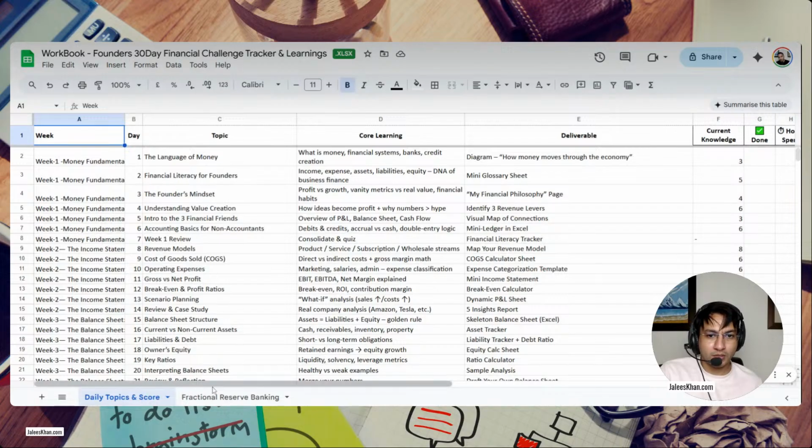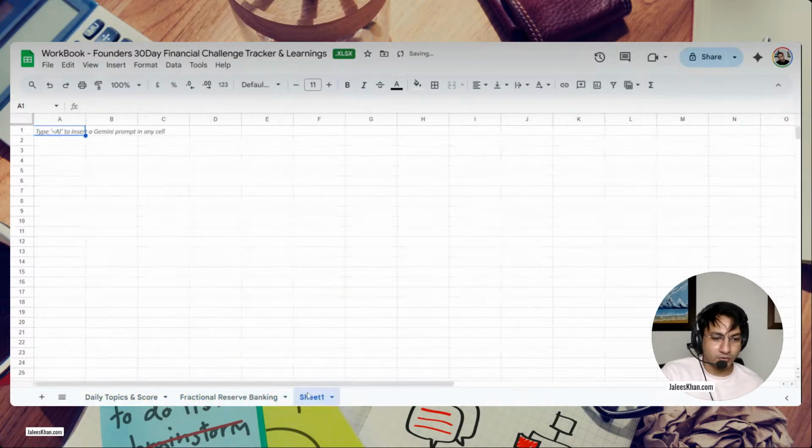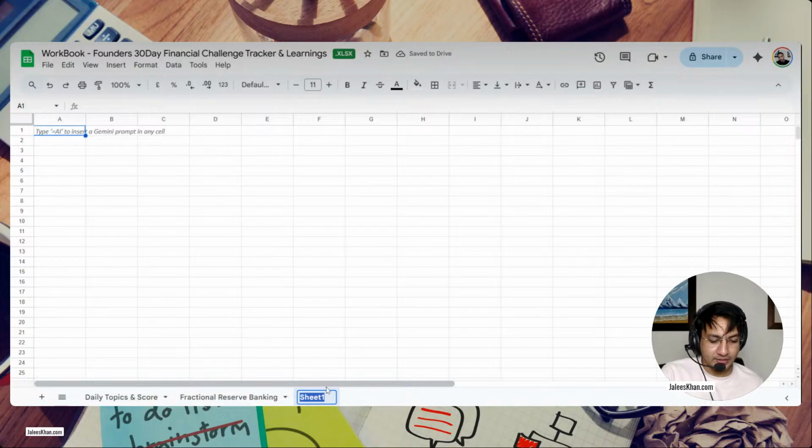Now we have this workbook. Here we explore this one. And here we are doing debit, credit, loans. You can see that.